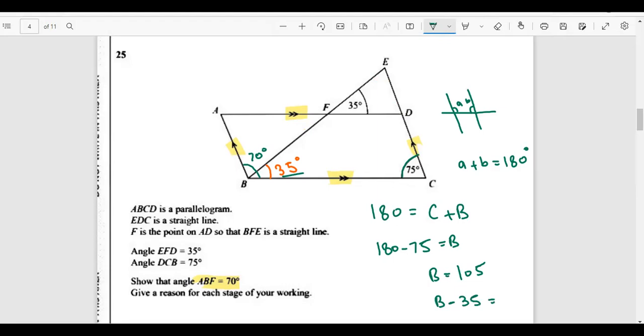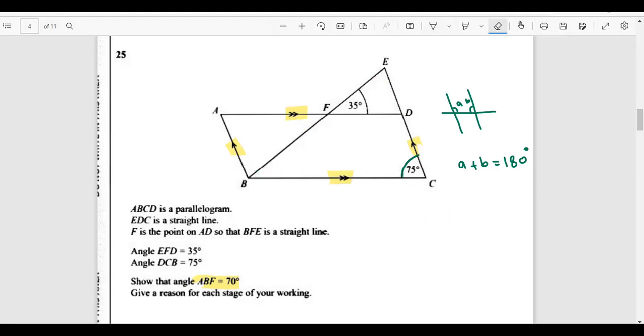Wait, could you explain that again quickly? Yes, definitely. The rule says if we have two parallel lines, the sum of interior angles is going to be 180 degrees. Are you familiar with that rule? I think so.